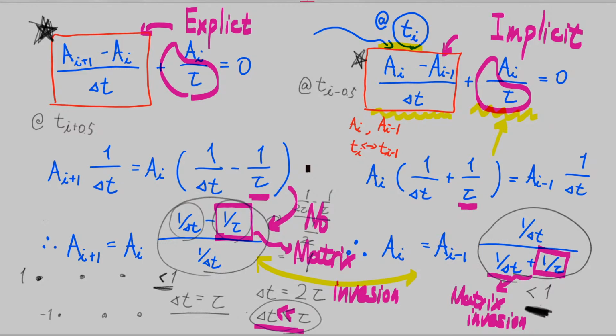Then what is tau for our device system? That's the problem. Unfortunately, the tau for our semiconductor device is extremely short. So if you really want to make any kind of reasonable simulation, your delta t should also be extremely short. When I say extremely short, it is on the order of femtoseconds.